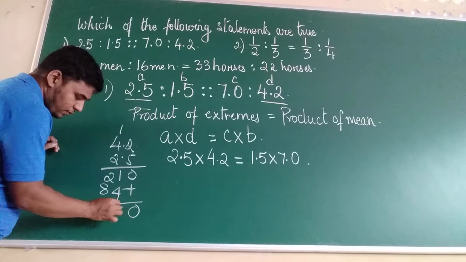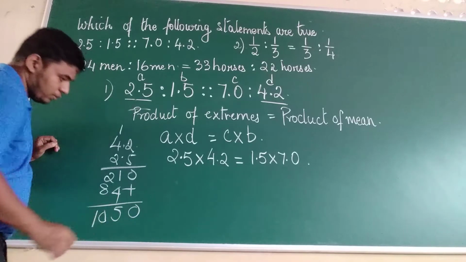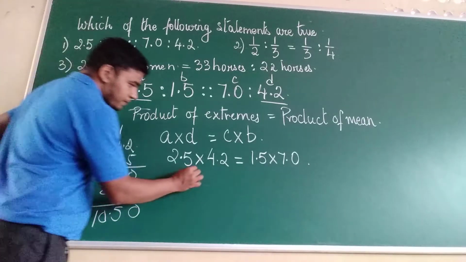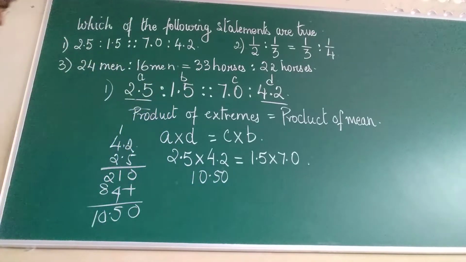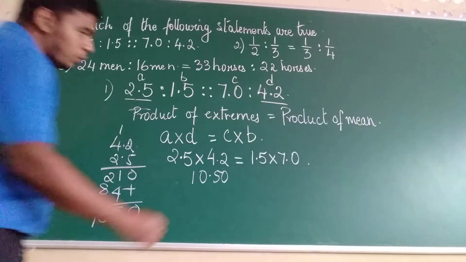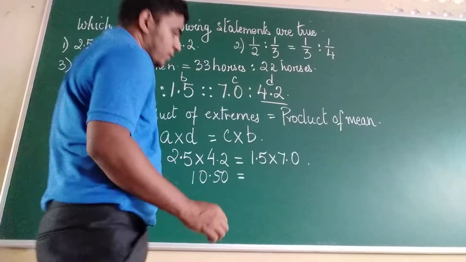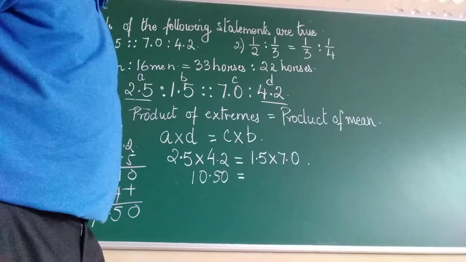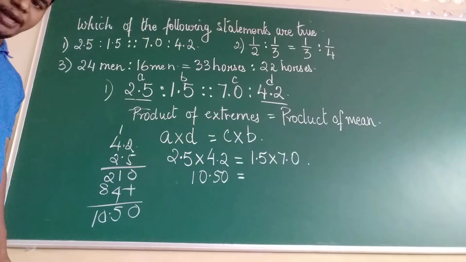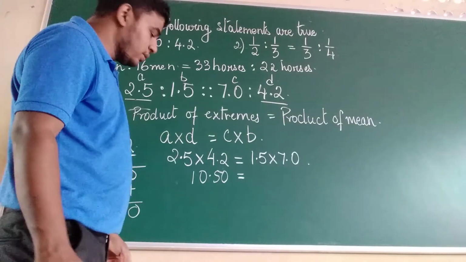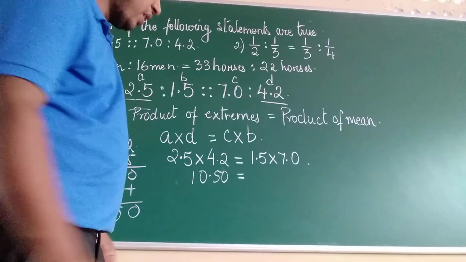You get 10.50. Correct? Then what is 1.5 into 7? 1.5 into 7, 15 6s are 90, 15 7s are 105.